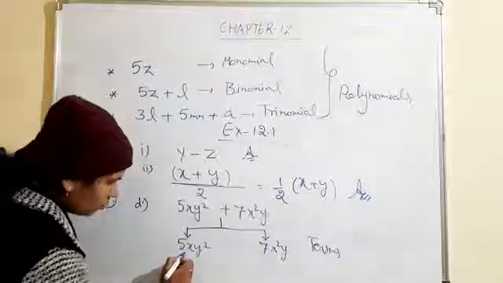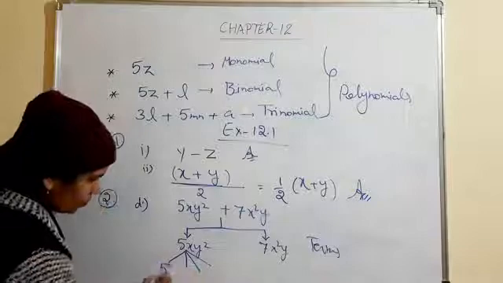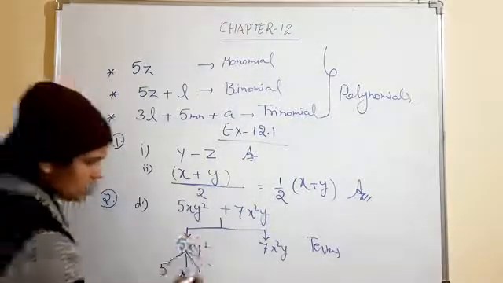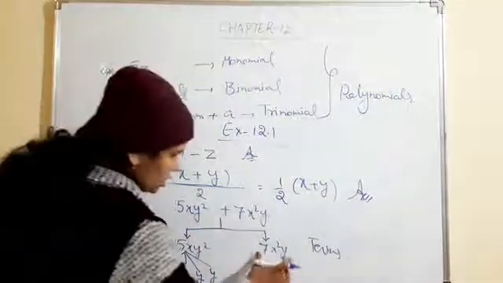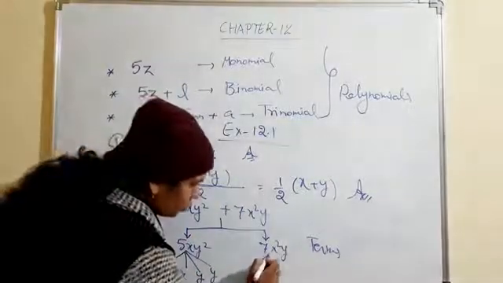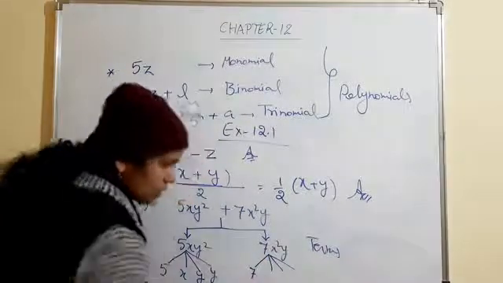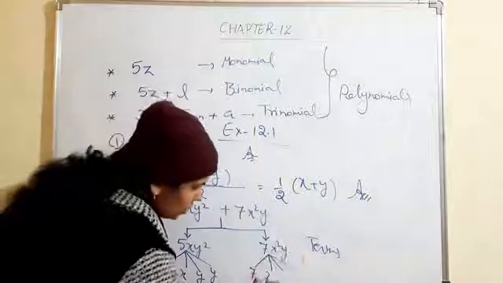Now in the next step, split each term again. We have 5, x, and y is coming 2 times. Y square means y into y. Now in this term, 7 is coming 1 time, so write here 7. X is coming 2 times, that is x square, so write x 2 times.